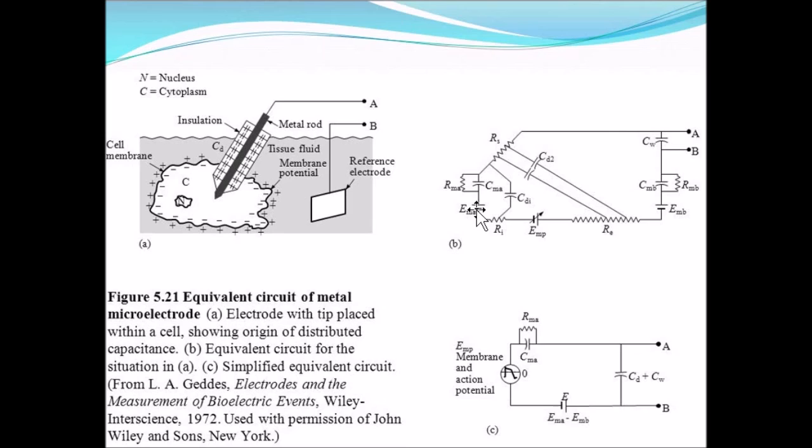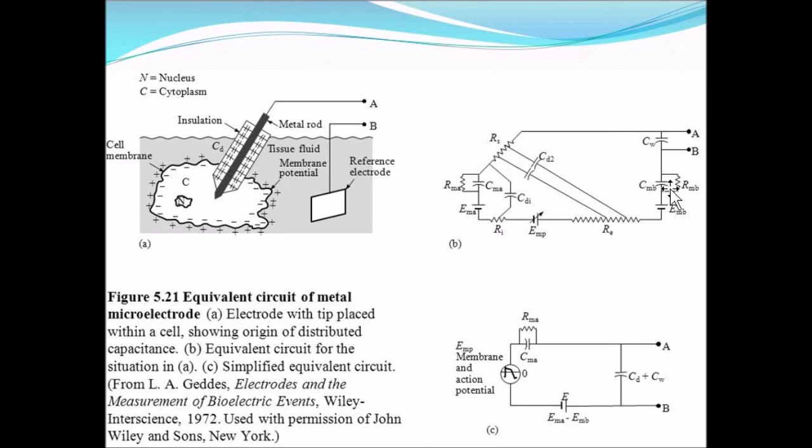This Ri is the resistance of the intracellular fluid, and similarly we can see RMB, and RMA is also incorporated over here.